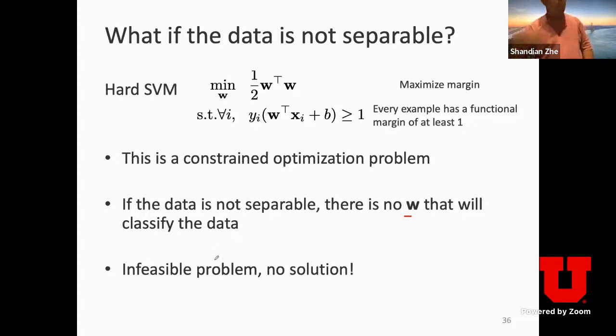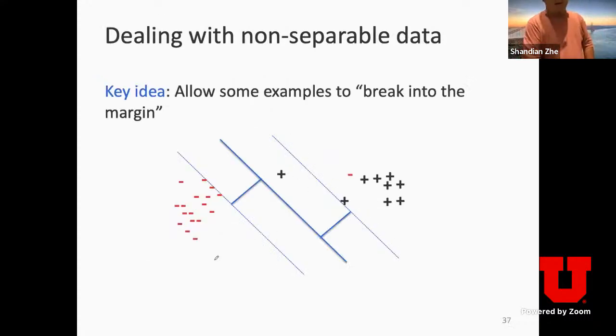It means the optimization problem is totally infeasible, no solution. And how can we adjust our hard SVM to be more robust and more realistic to account for non-separable data?